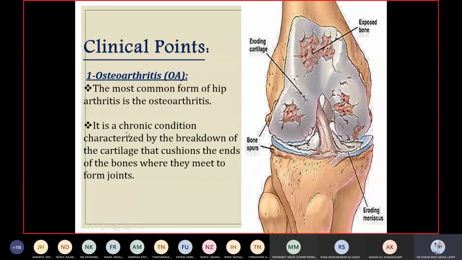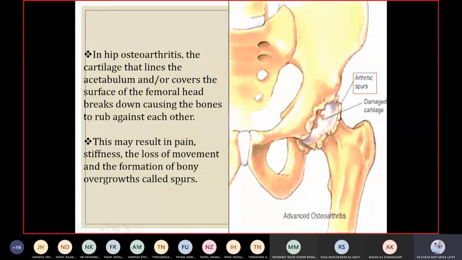It is a chronic condition characterized by breakdown of cartilage that cushions the ends of the bones where they meet to form the joints. So it is actually damaged articular cartilage due to wear and tear of the cartilage.